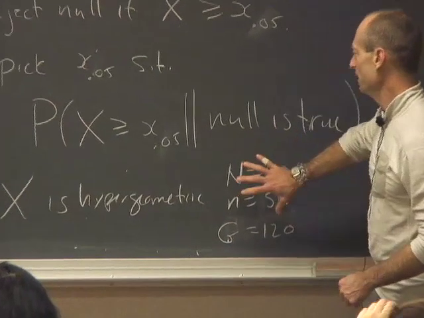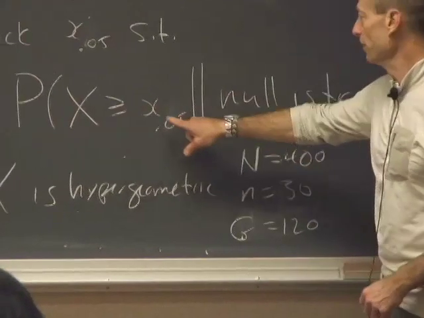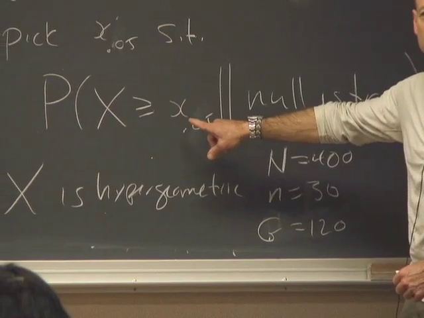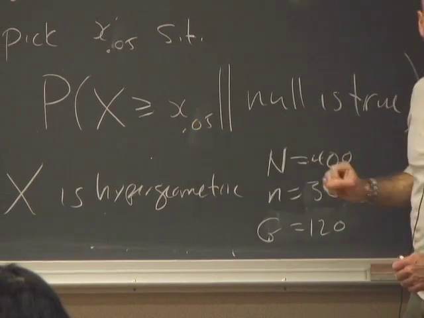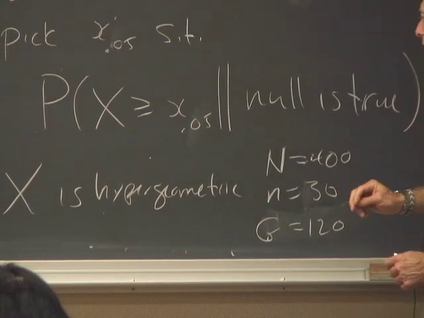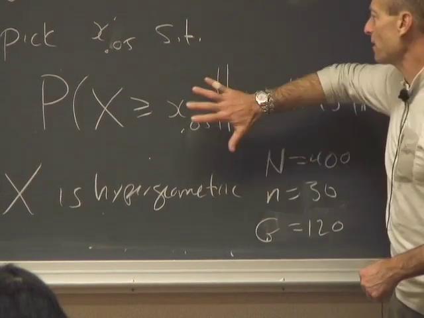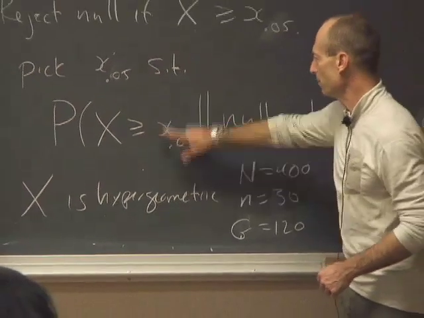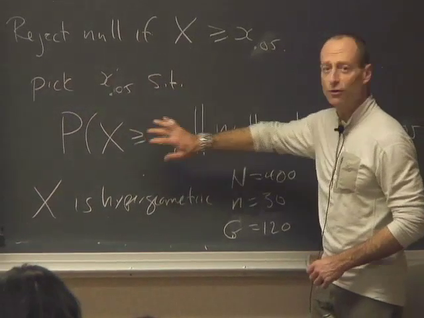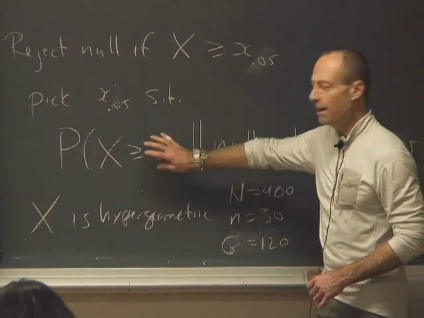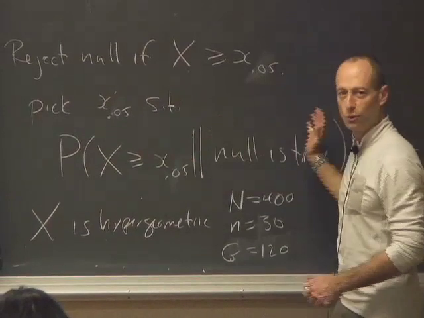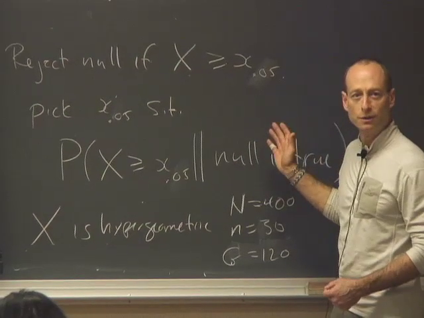This lets me calculate this probability for any value of x I want, right? And I want to pick this number so that it's not very likely that the sample sum would exceed that threshold if the null hypothesis is true.